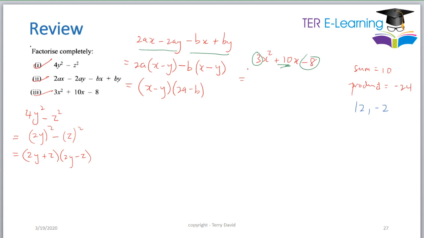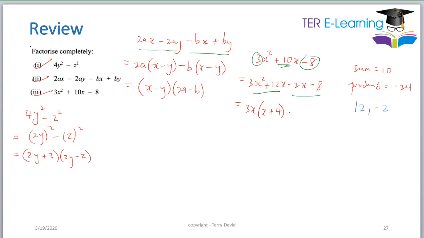So we're going to replace the middle term now, so we're going to say 3x squared plus 12x minus 2x minus 8. Now we're going to just factorize by grouping. So we're going to look at the first two terms and the last two terms. So what is common to both of them here? In the first one, what we can pull out is 3x, and then this becomes x plus 4.